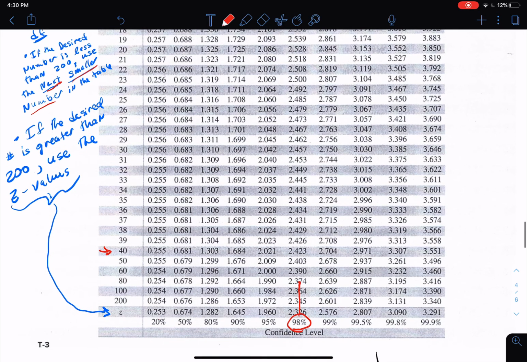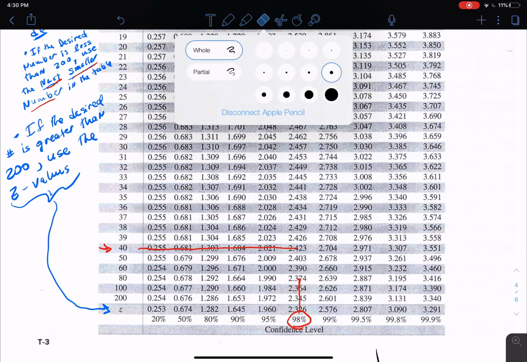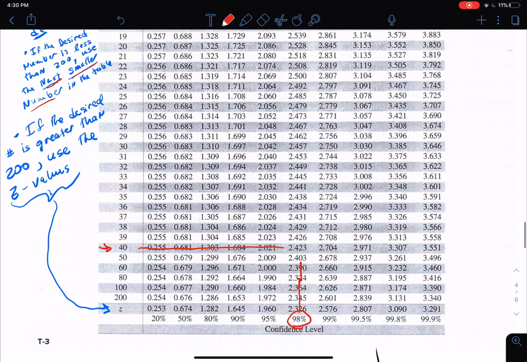Well, we want 43, so we're going to have to use 40. Okay, so you can see our critical value is going to be 2.423.